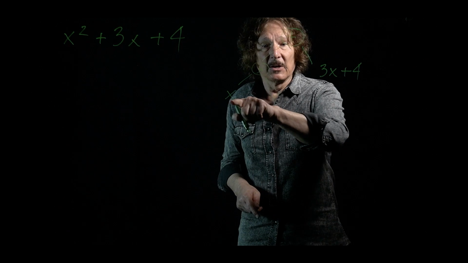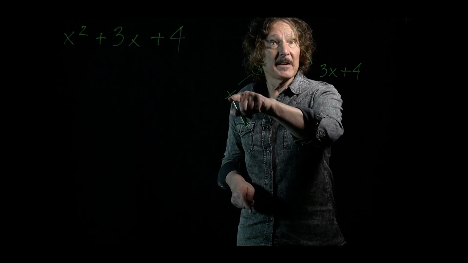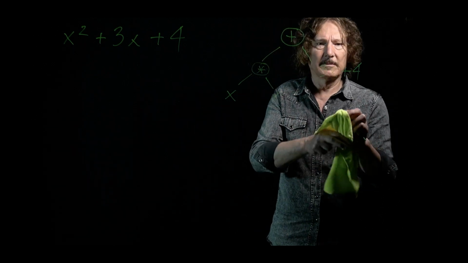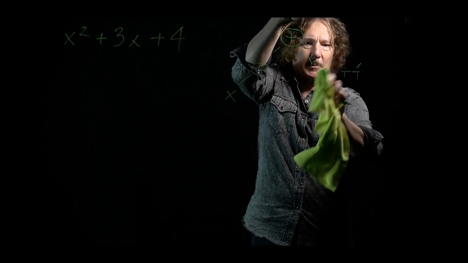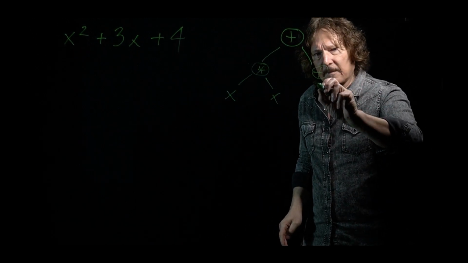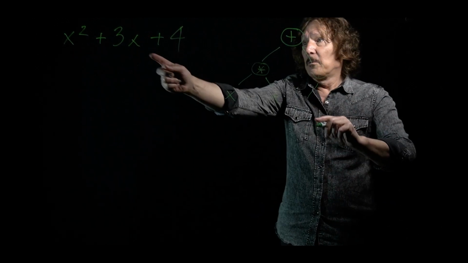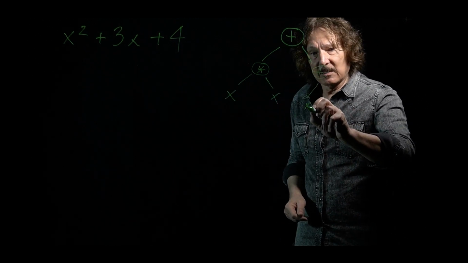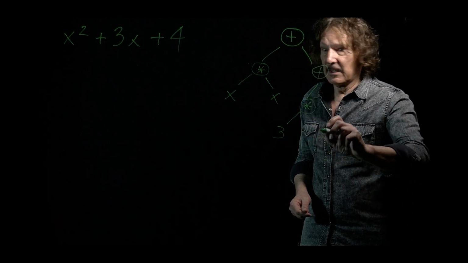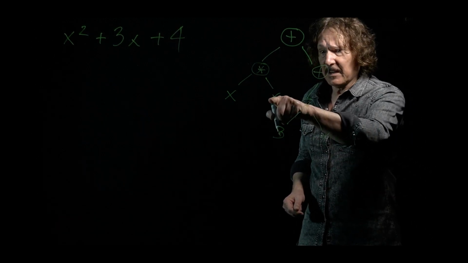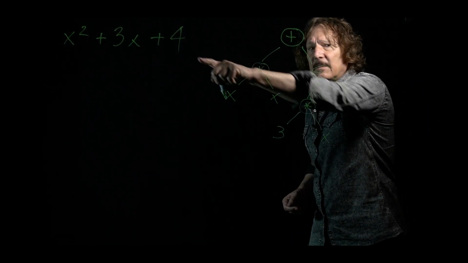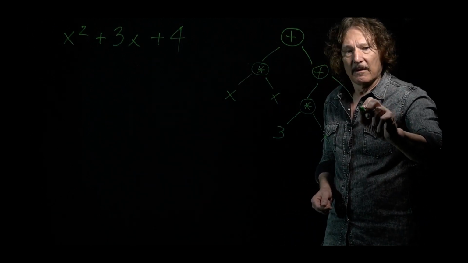So I have the leaf nodes in my tree that are variables. And this is again a plus. Okay, so I'll replace this with plus. And one child is 3x, so it's a multiplication, a product of a constant 3 and the same variable x, a variable of the same name, and then finally plus constant 4.